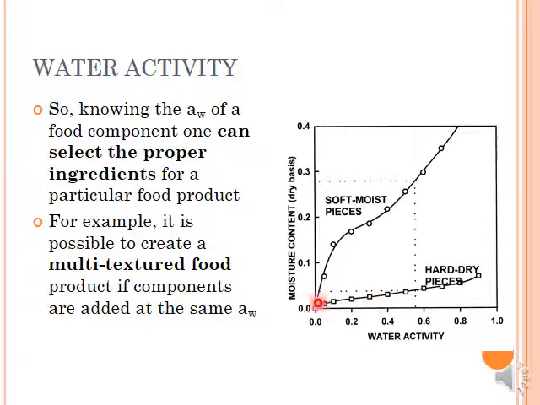So if you have low moisture content at low water activity, you get hard dry piece, because the food texture is still controlled by the water activity. Here you have high moisture content, high water activity, so you get soft moist piece here. Note that these are at the same water activity, but different moisture content.